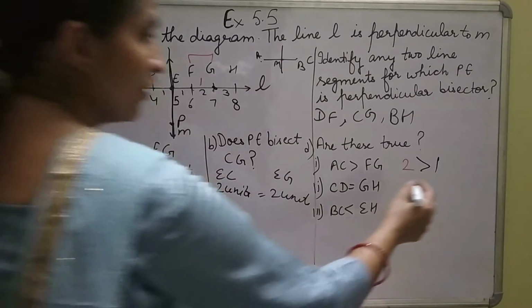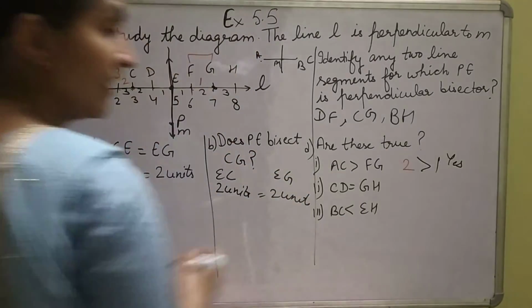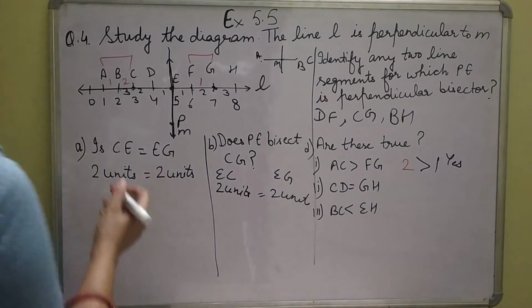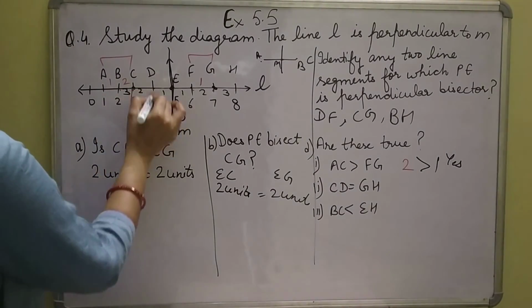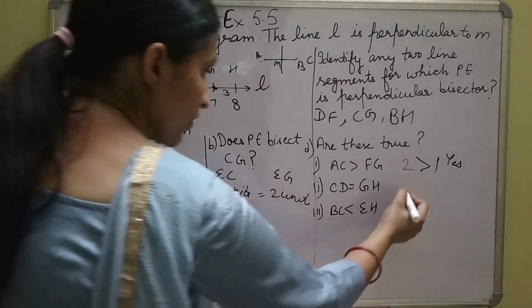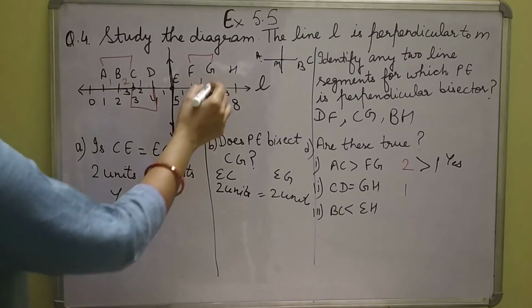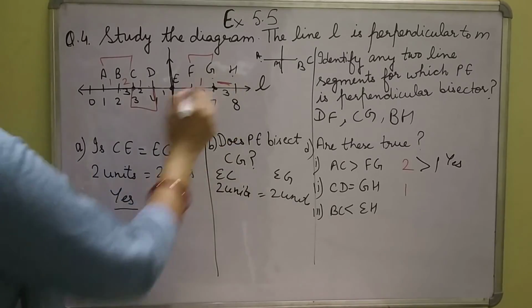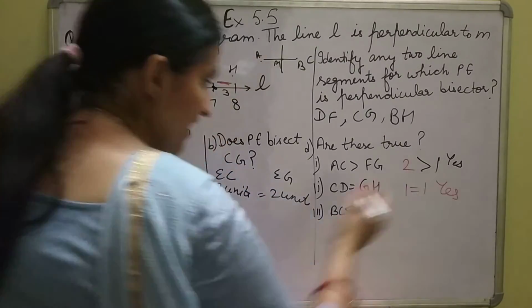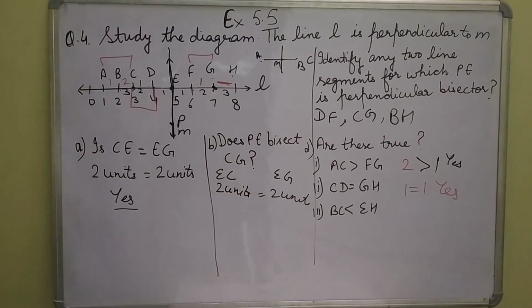Yes, it is true, so we will write yes. Then CD. This is our CD, 1 step, C to D. So CD is 1. GH, G to H, again 1 step. So yes, these are equal.